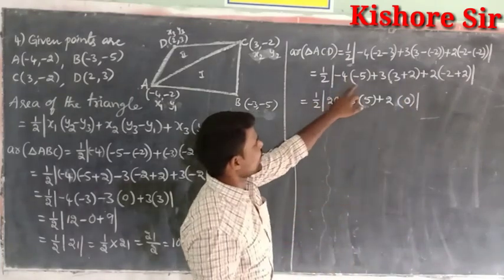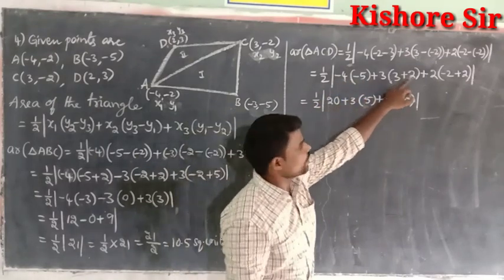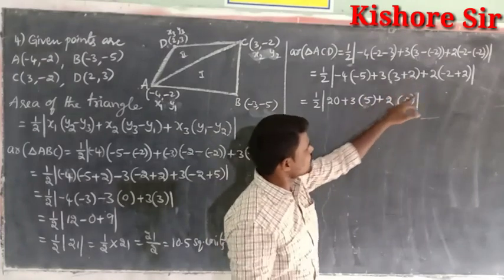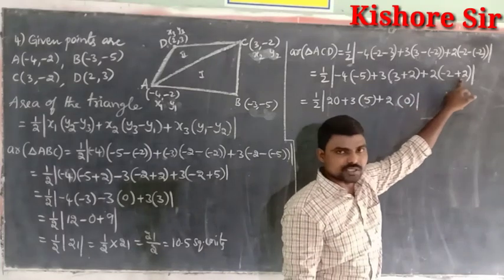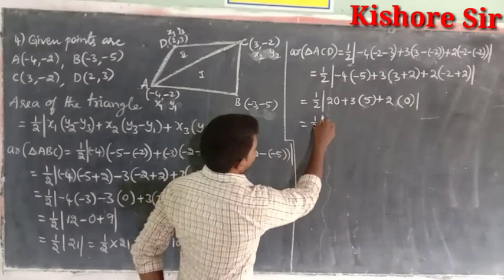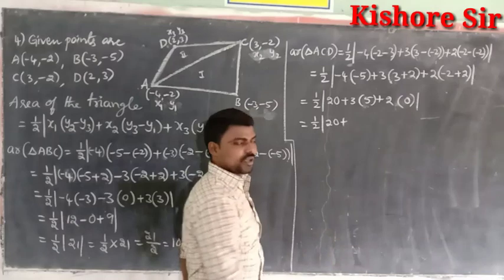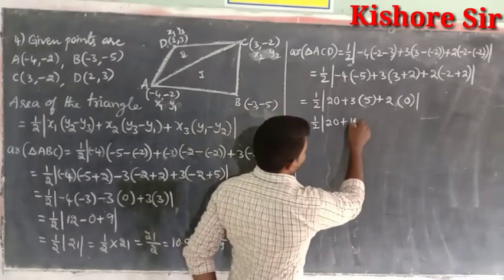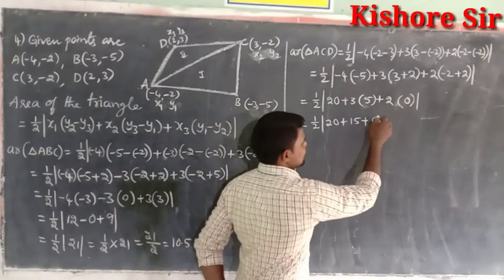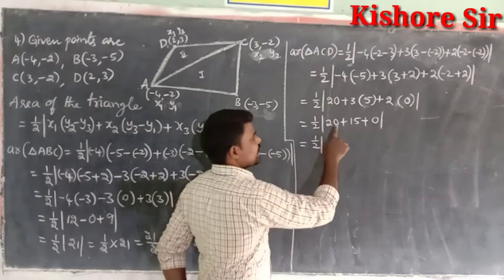So 20 plus 3 fives are 15 plus 2 into 0, that is 0. That is equal to 1 by 2 modulus 20 plus 15.